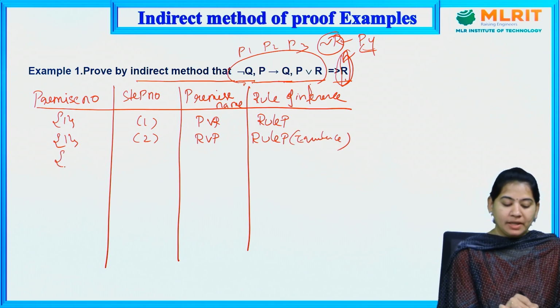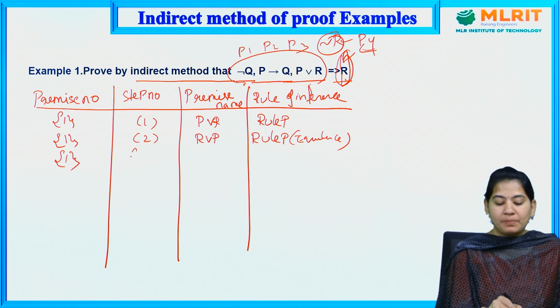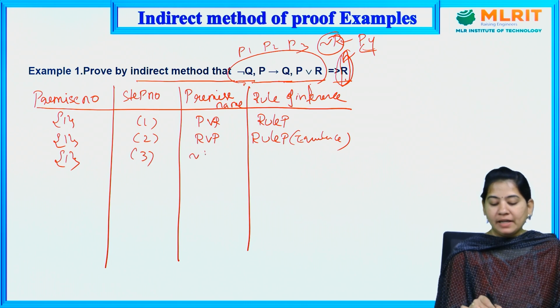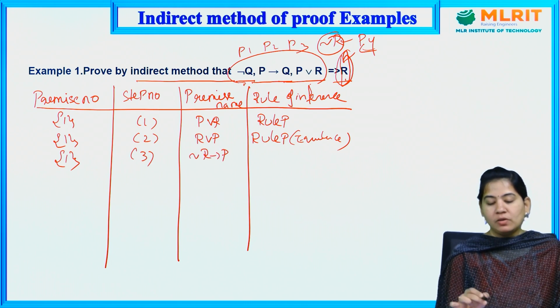Next, the same premise, step number 3, and I can write it as negation R implies P also.